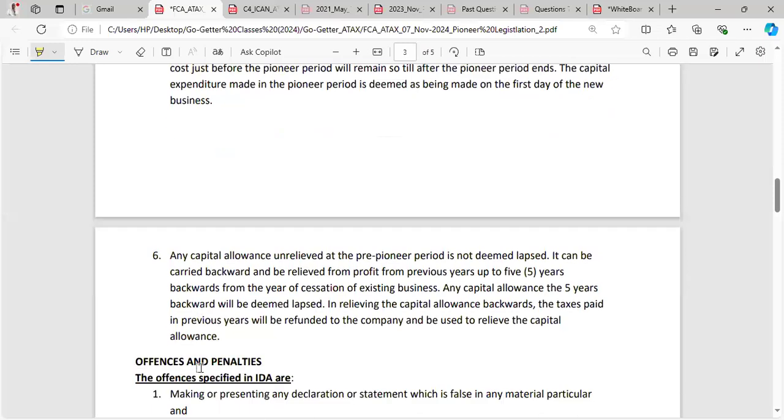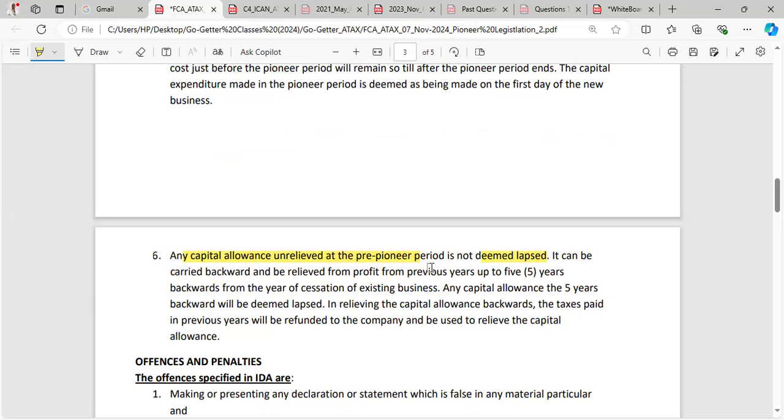Now, any capital allowances unrelieved before you enter pioneer period are not deemed lapsed.